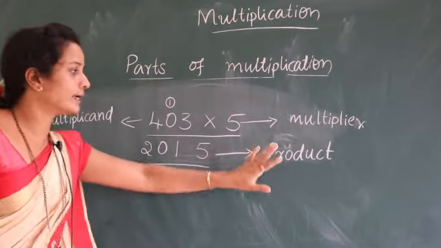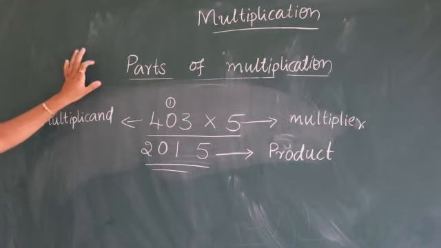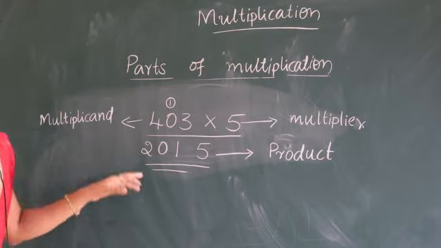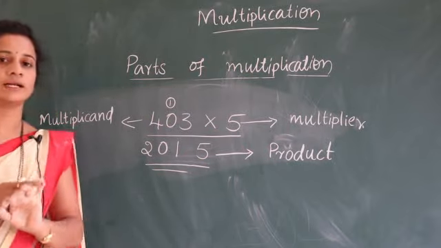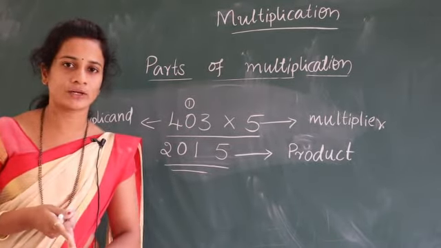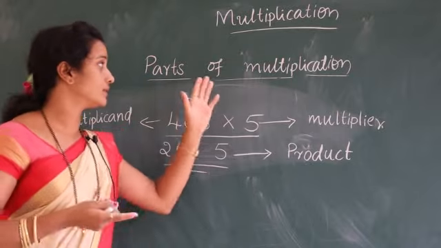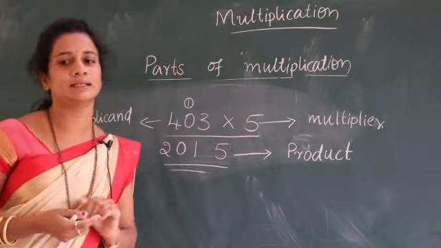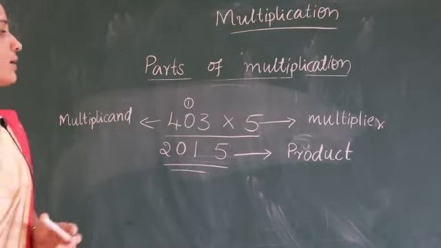Multiplicand, multiplier and the product are the parts of multiplication. The final answer after addition is called the sum. The final answer after subtraction is called the difference. The final answer after multiplication is called the product.